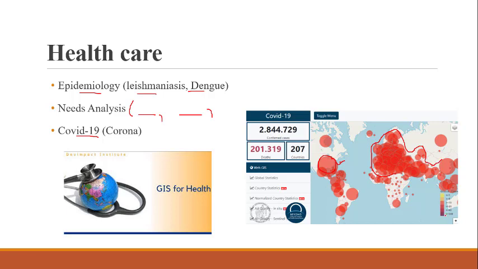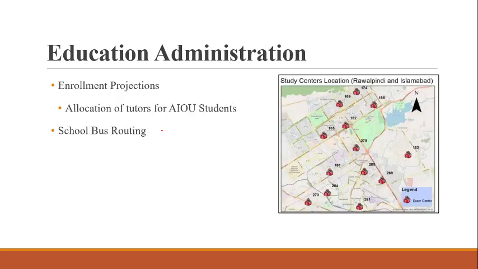There are cases more than 300, and the yellow shows that there is less than one case. So GIS can be used for healthcare centers, for mapping leishmaniasis, for mapping dengue, and nowadays corona is mapped with the help of GIS.